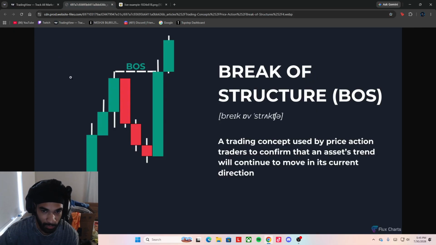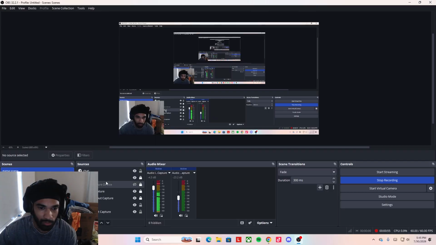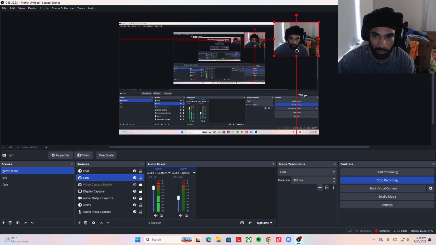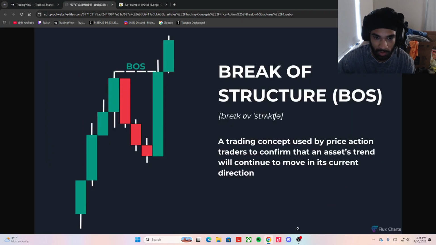So boom. Break of structure is usually when price keeps breaking the current structure, or we see a reversal. So right here, in an uptrend, right, we have a continuation.